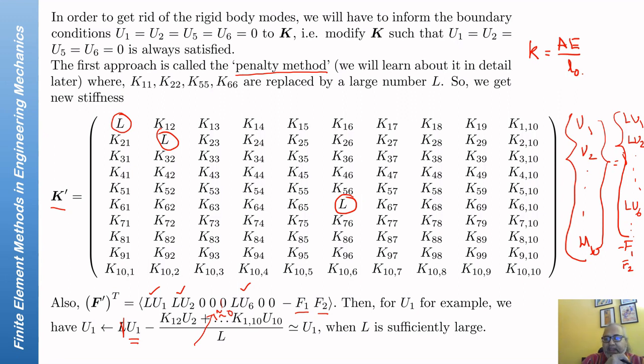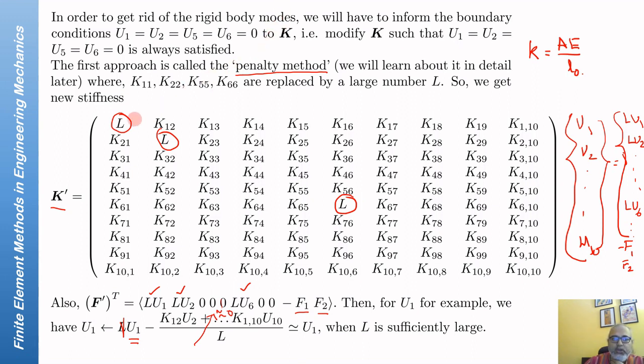You have to choose an L which is commensurate with the material properties that you have specified. It has to be larger than any of the entries in the stiffness matrix, and we really don't have an idea of how large. Also, there is an additional problem that we will encounter later.